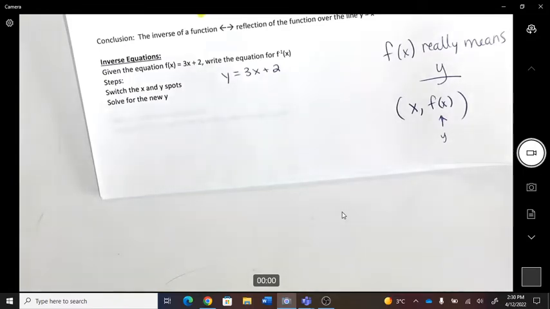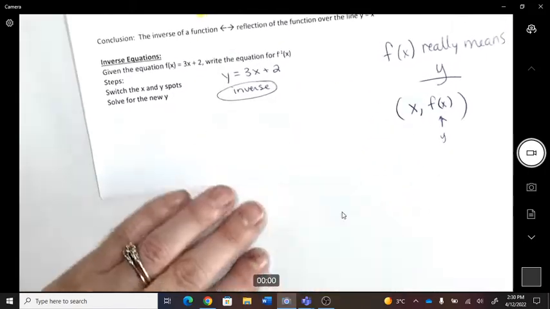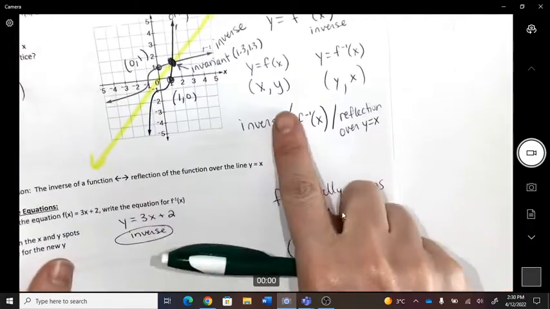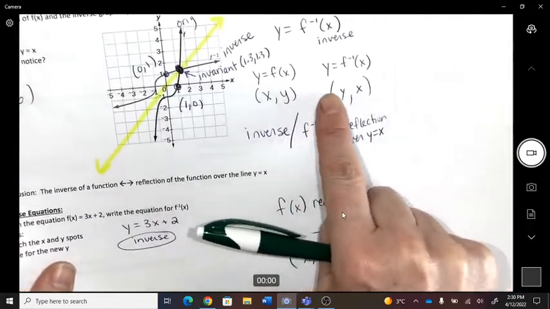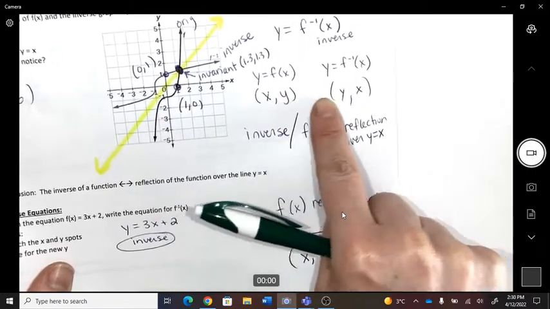Okay, now we're going to inverse. What does the inverse mean to you? Tell me in words, what does the inverse mean to you? What did you do here?